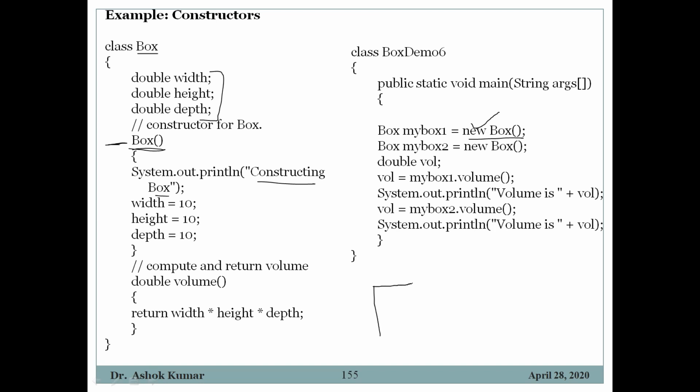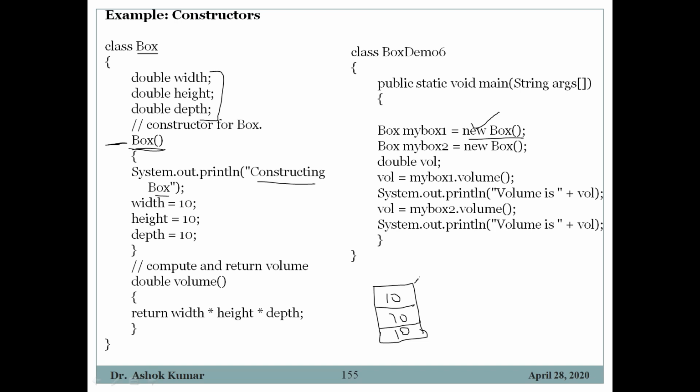And after displaying this message, it will initialize the newly created object's attributes, that is width, height, and depth, with 10 each. After initializing these values, the control will return back to the main.